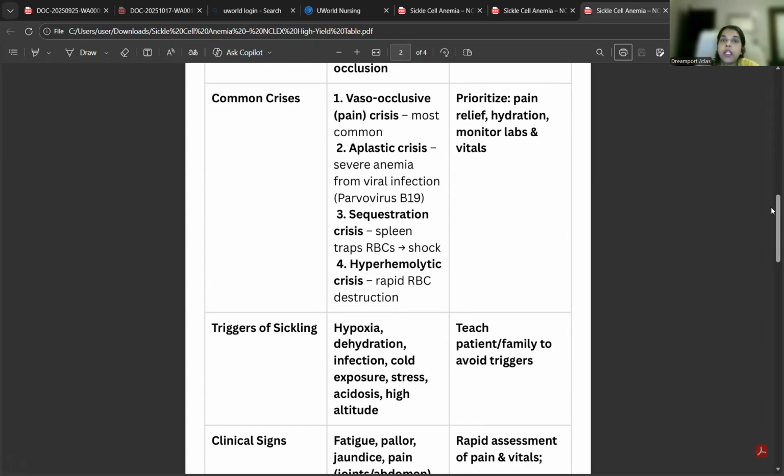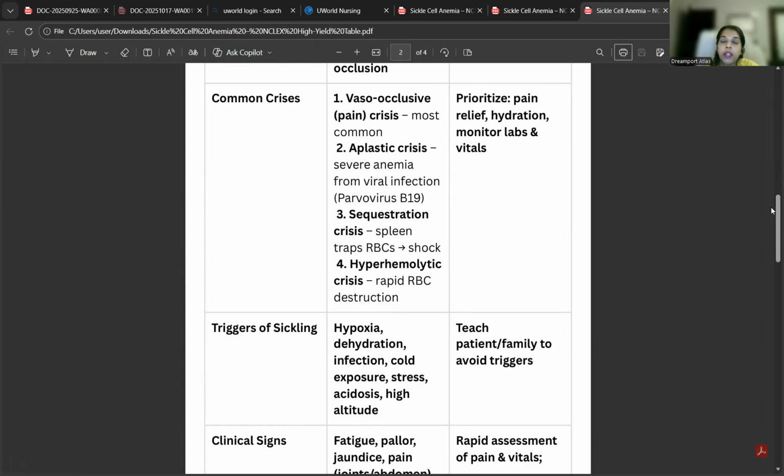In aplastic crisis, the client will experience severe anemia, mainly because of viral infections. In sequestration crisis, the RBCs are trapped in the spleen, which can lead to shock. In hyperhemolytic crisis, the client will experience rapid destruction of the RBC, which leads to anemia.